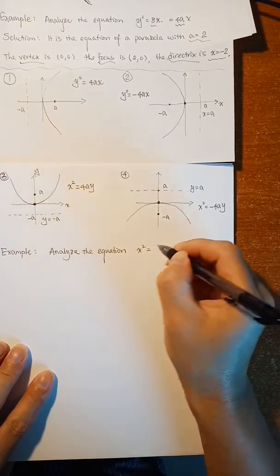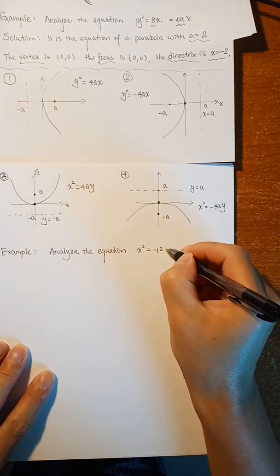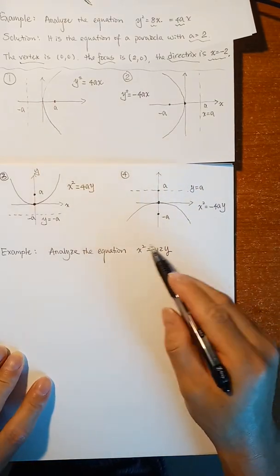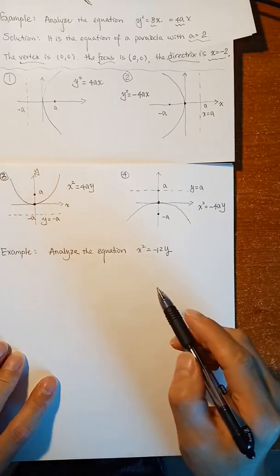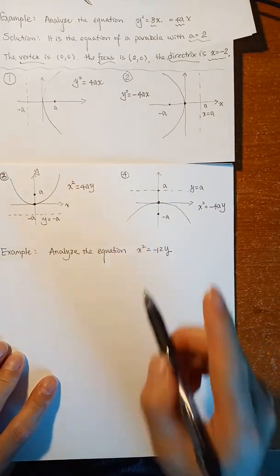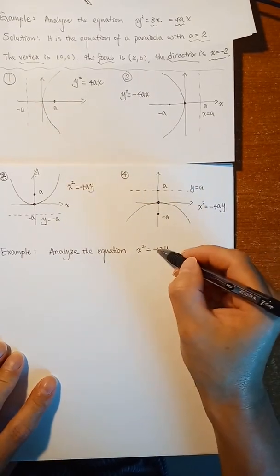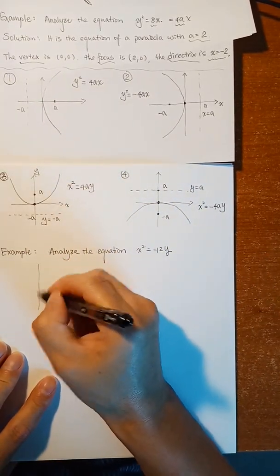X squared is equal to negative 12y. Okay, when you have such an equation, I recommend you first sketch the graph. You see, how do I know? It's negative y, open down.